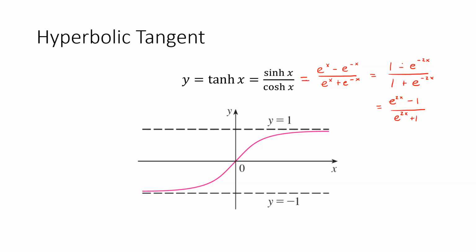So you can see just by manipulating it algebraically like that, we get those horizontal asymptotes. Notice this looks similar to the graph of tangent inverse. But it certainly doesn't look like the graph of tangent. Same with the hyperbolic sine and hyperbolic cosine. They look nothing like the graphs of sine and cosine.